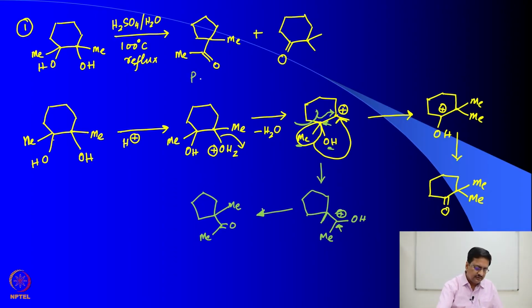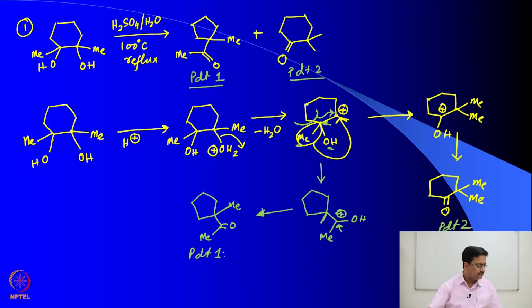So, this is product 1 and this is product 2, and these two products can be formed by migration of two different groups. One time the methyl migration gives you product 2, and the other time the migration of the larger alkyl group, which is part of the ring, gives you a 5-membered ring as product 1.